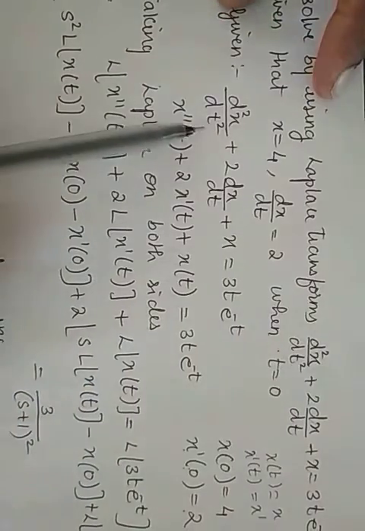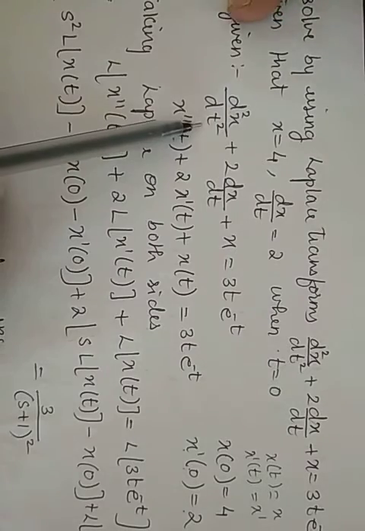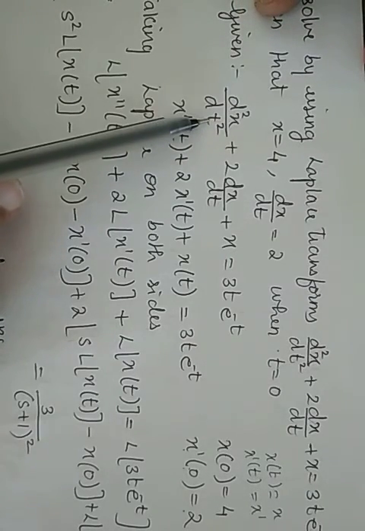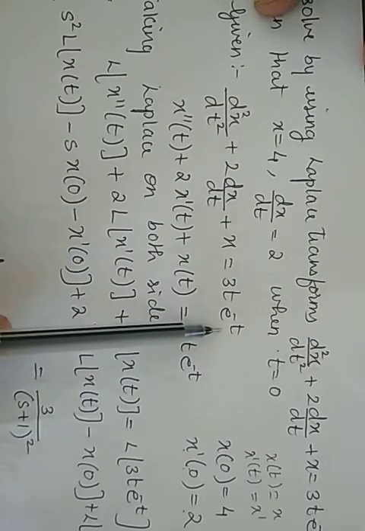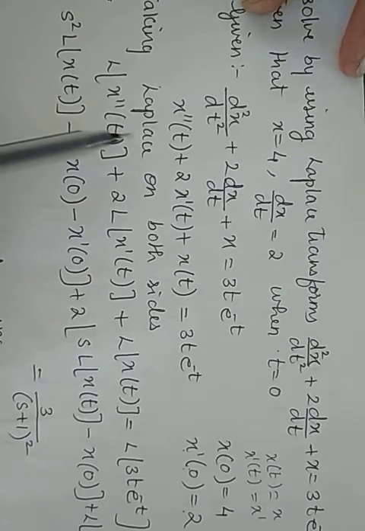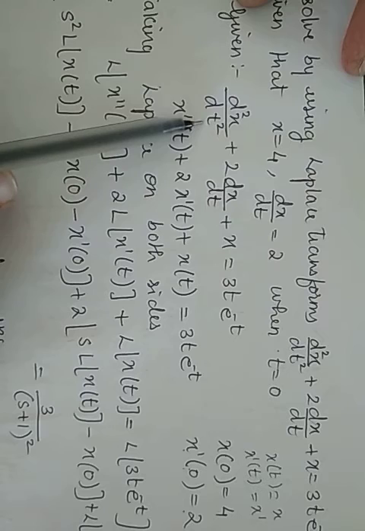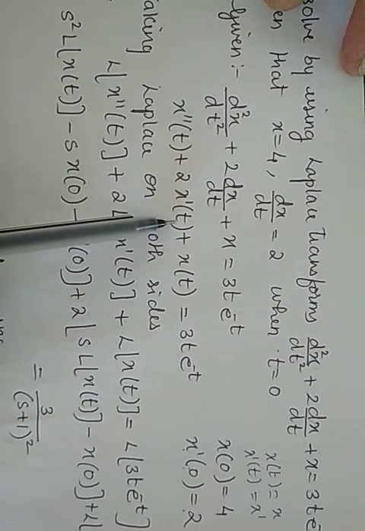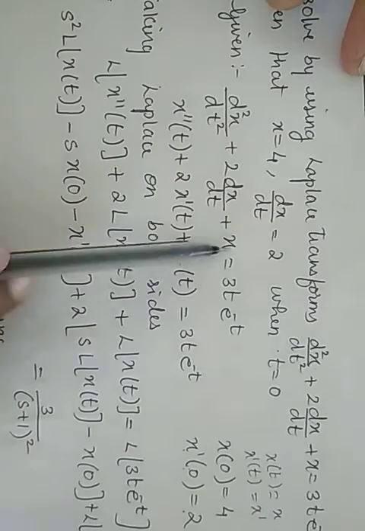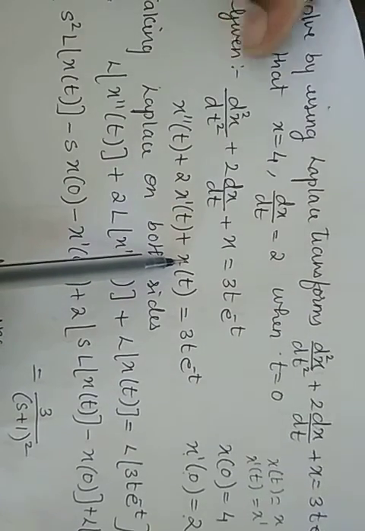So consider the given equation d square x by dt square plus 2 dx by dt plus x is equal to 3t into e raised to minus t. Now d square x by dt square means x double dash of t, plus 2 times x dash of t, plus x of t. It is understood that x is a function of t.